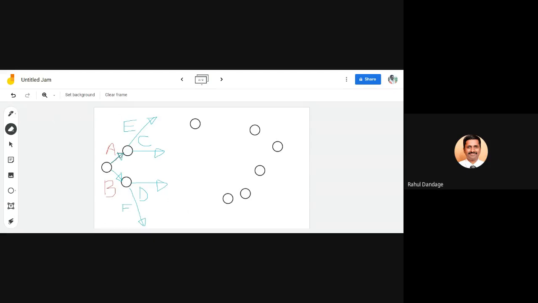No need to go for rework. Is it fine with everyone? Or any doubts you have? Because this is a very, very basic, fundamental thing. If you have any doubt, you should ask. Is there any doubt in this?